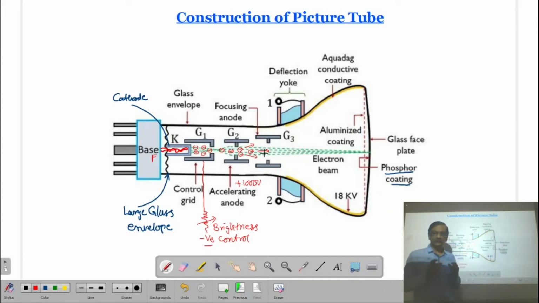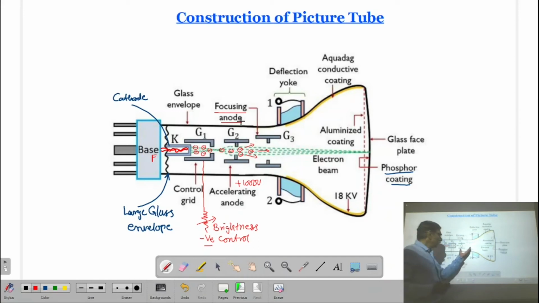Remember. So to make it sharp, we have an anode called a focusing anode. And this focusing anode will be at a very high potential.